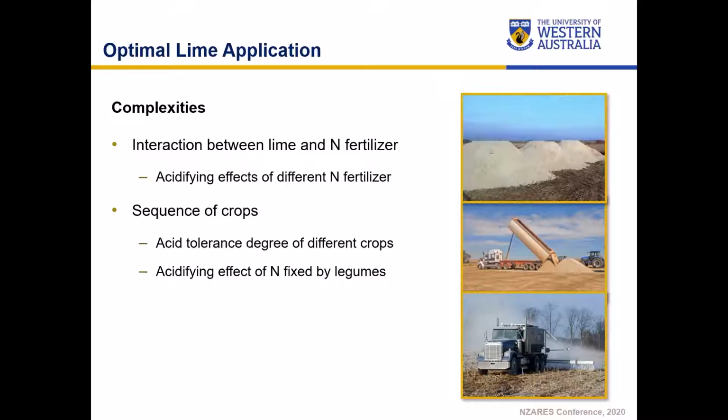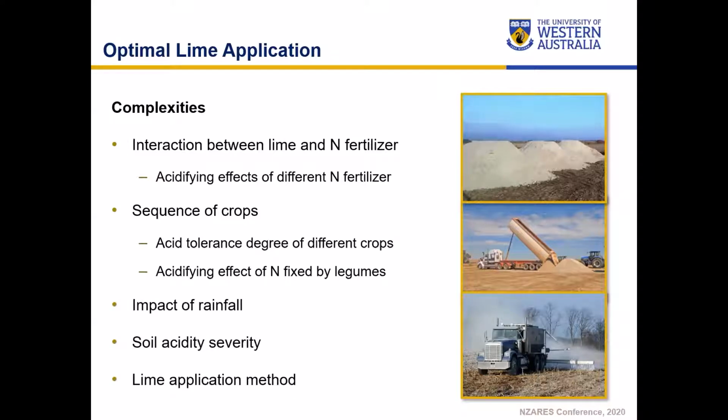For example, legume crops fix nitrogen, and that nitrogen would have an acidifying effect. The rainfall level and soil acidity levels and also lime application methods would add to these complexities.